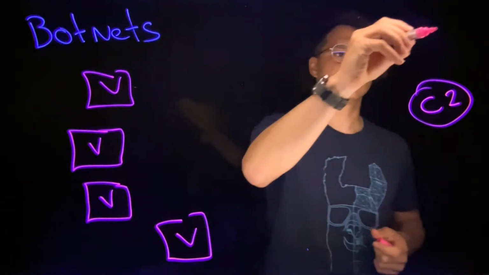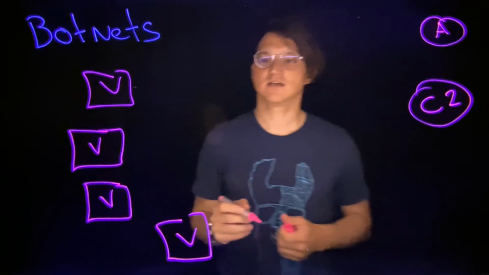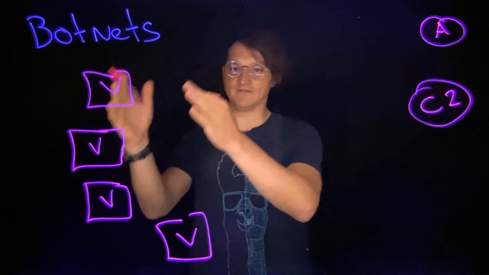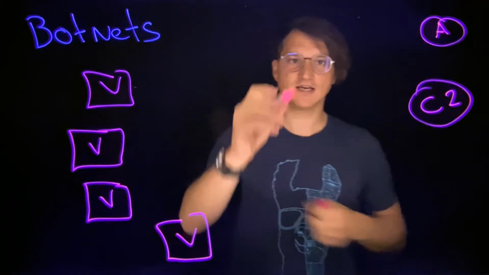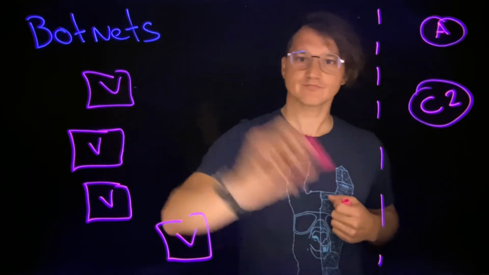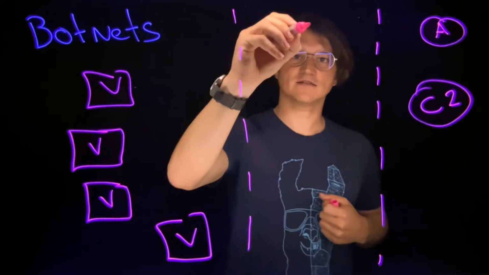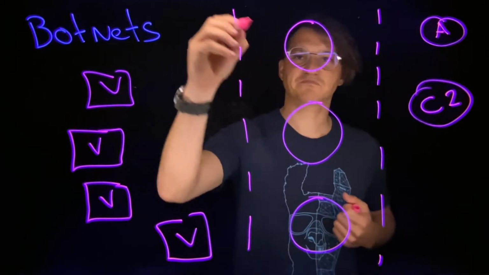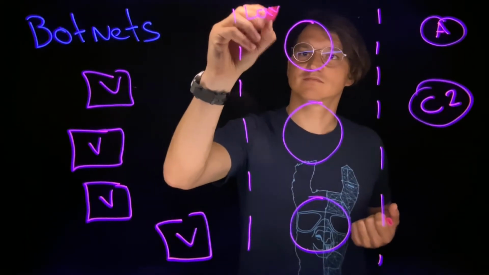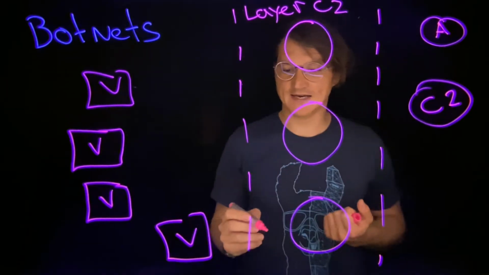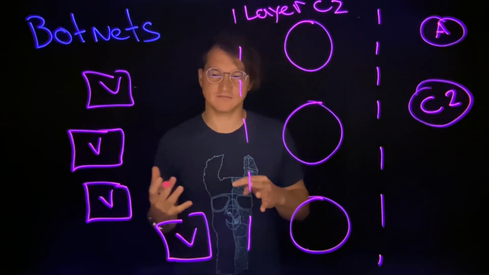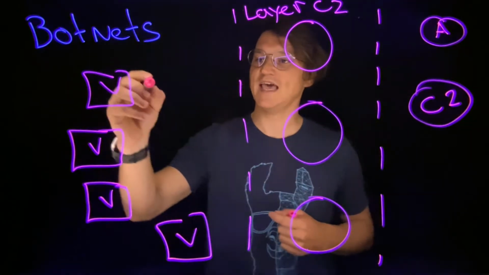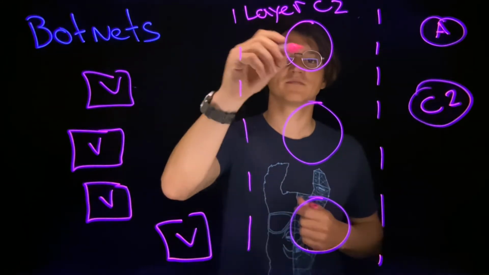So the first evolution of botnet was, of course, to separate the attacker, the real C2, and the bots, the infected machines. And that's why attackers came up with another layer, which is usually just called layer C2. If you're doing red team operations, you probably nowadays hear about it as a redirector, right? So what happens is those are burnable servers, right?